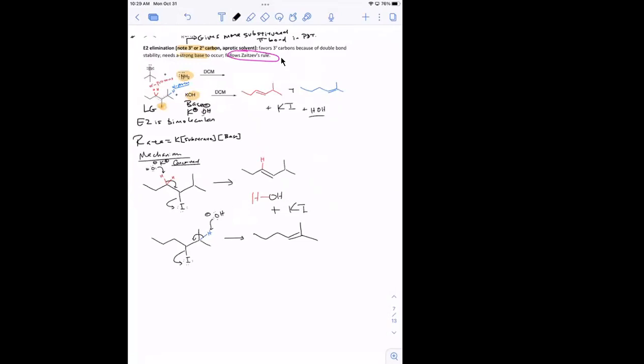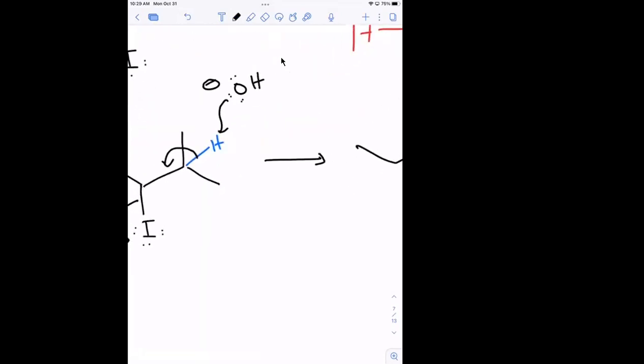All right. So E2 elimination happens. This is a secondary carbon, by the way. It can also happen at a tertiary carbon, which we see right here.